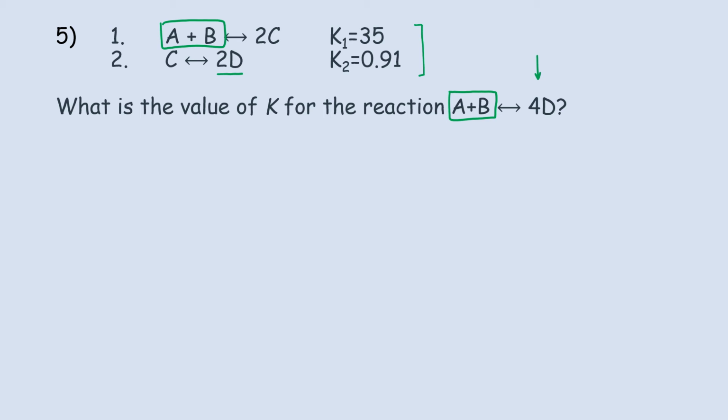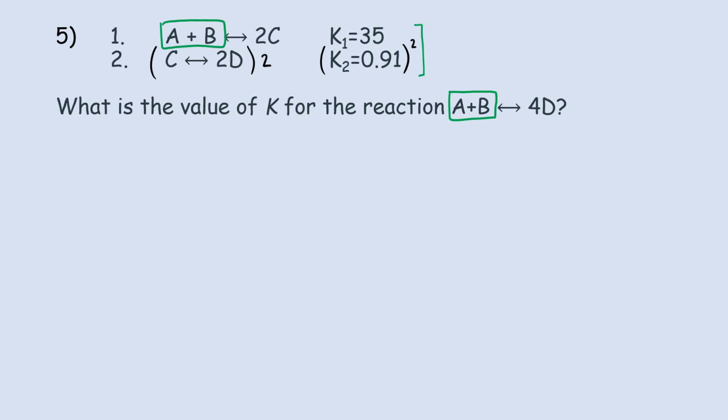So you can probably guess what the next step is. We're going to take this second elementary reaction and multiply it by a factor of 2. And whatever number by which we multiply the reaction, we need to raise K to the power of that same number. So in this case, we're going to square the K value.